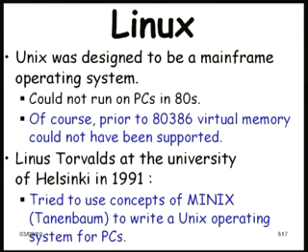And since Unix did not run on PCs, by the end of the 1980s, that is 88, etc., the PC had become powerful, and there were many who were thinking of having Unix run on the PC. Linus Torvalds, who was a student at the University of Helsinki, used the operating system book of Tanenbaum, where the Minix operating system source code is given, based on Unix actually, a mini Unix.